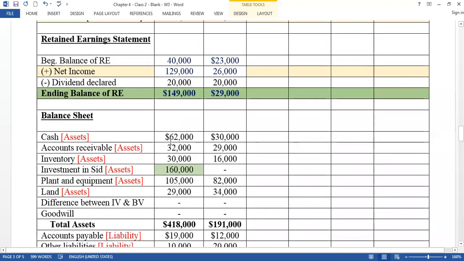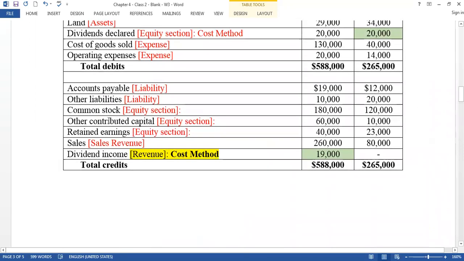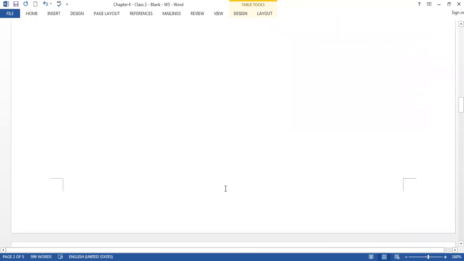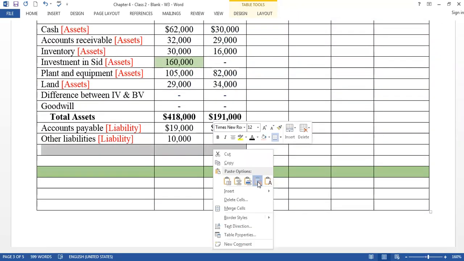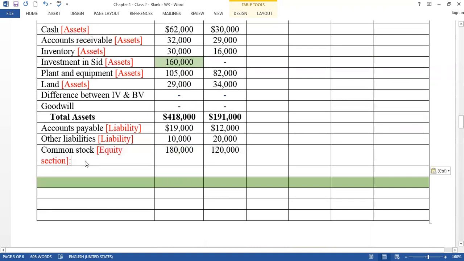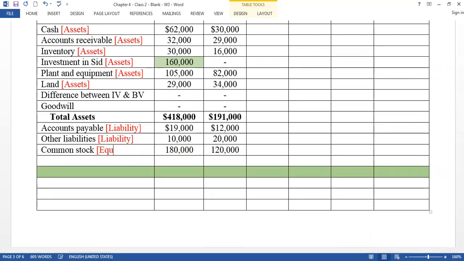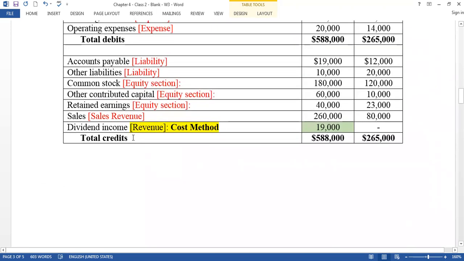Then we have common stock, then other contributed capital.